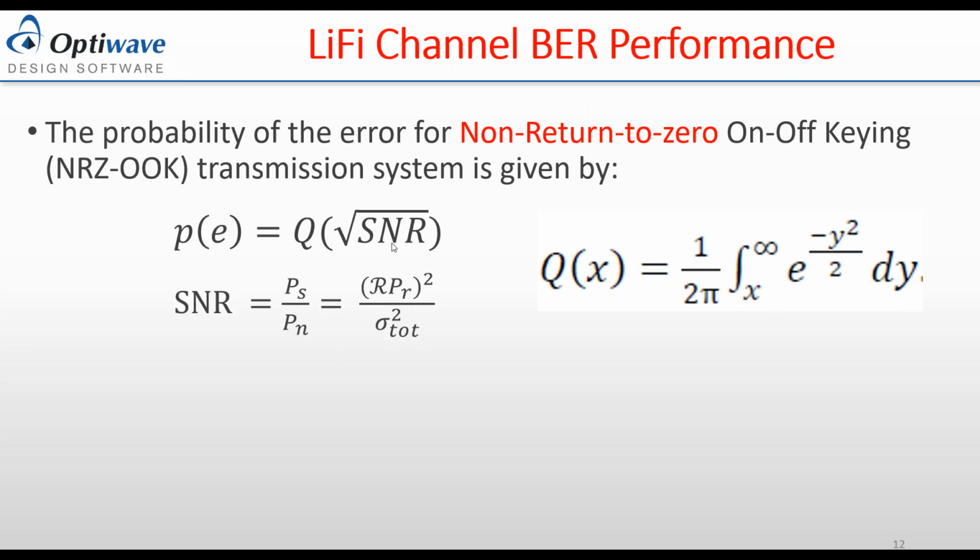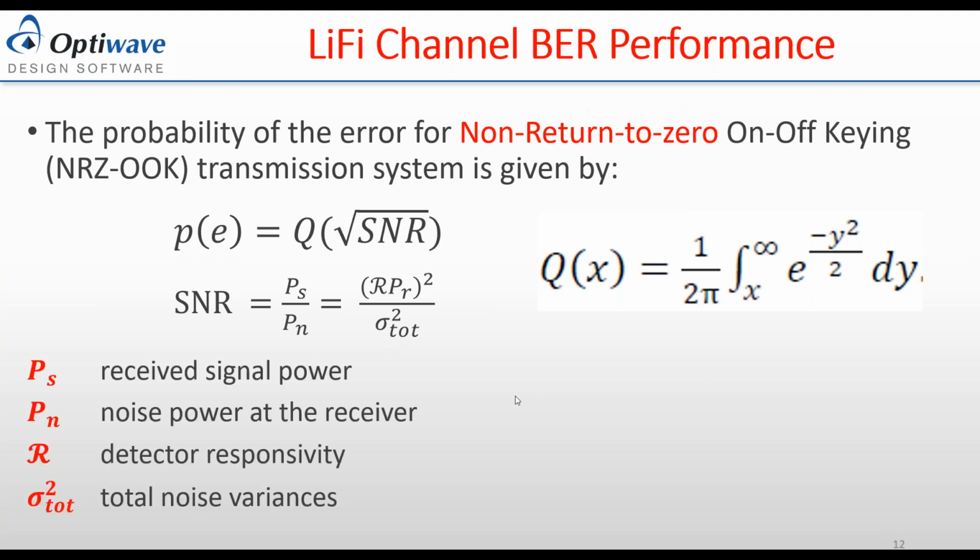Signal to noise ratio is the ratio between the signal power and the noise power. The signal power here is the electrical signal power, so we have the responsivity of the detector in the equation, and this is the received power which we calculated earlier. In terms of noise power, we have to account for all types of noises which this LiFi channel would encounter, and we're going to describe them in the next slide.